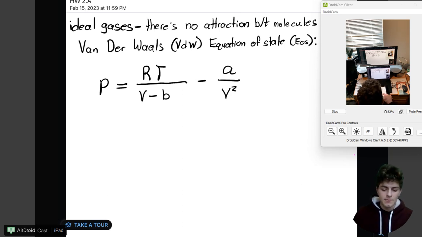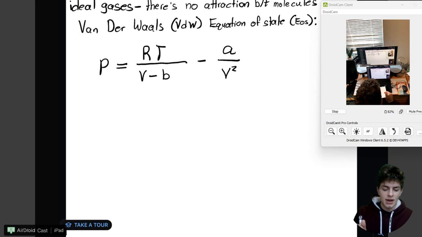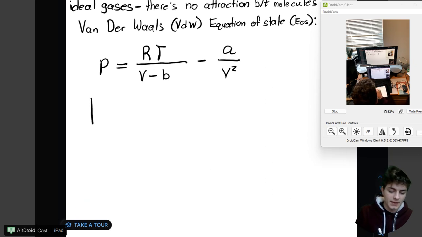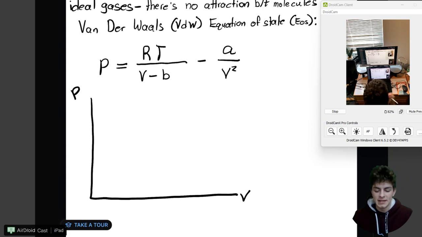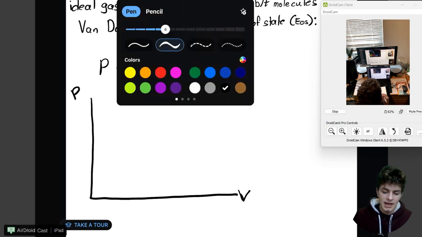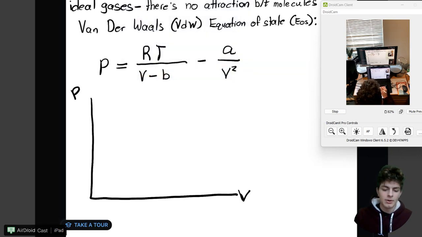And I think the best thing to do now is to show a phase diagram, but instead of pressure versus temperature this time, it will be pressure versus volume, or a PV diagram. You'll hear this referred to sometimes. Now, for a PV diagram, we are going to be plotting multiple isotherms.